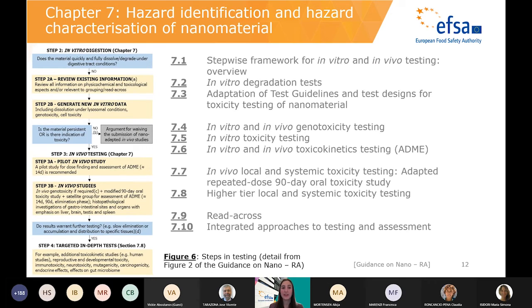In chapter number 7, hazard identification and hazard characterization of nanomaterials are described. This chapter is divided in 3 big steps and is composed of 10 subchapters. The main blocks describe in vitro testing, in vivo testing, and targeted in-depth testing.